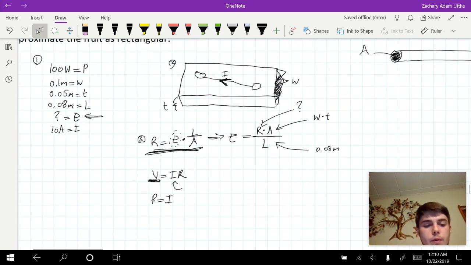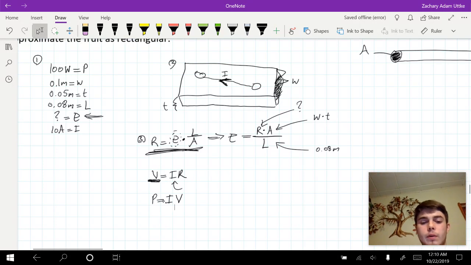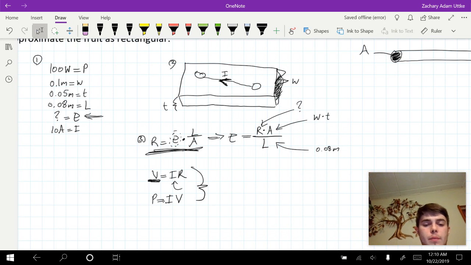And if we look at our equation sheet, we see that power equals current times voltage. So we could combine these two equations by plugging IR into V, because we don't have V, to give us power equals current squared times R.